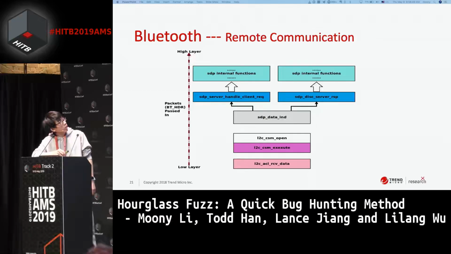And also in the open function, there will be a context switch to switch the Bluetooth thread to the thread that will process the SDP data, to the callbacks, the SDP data init.